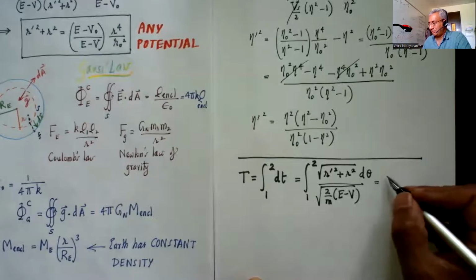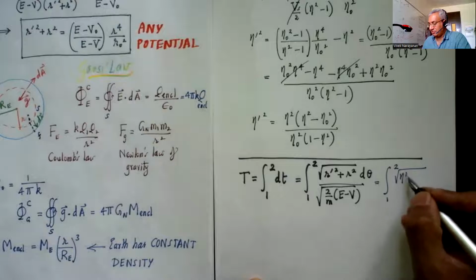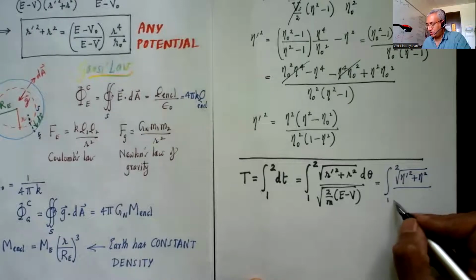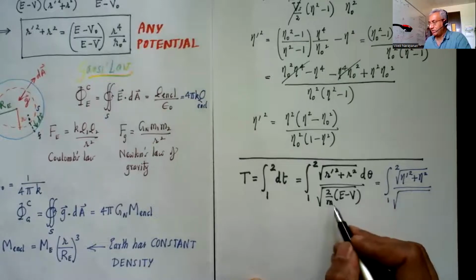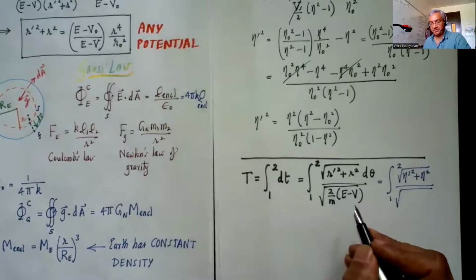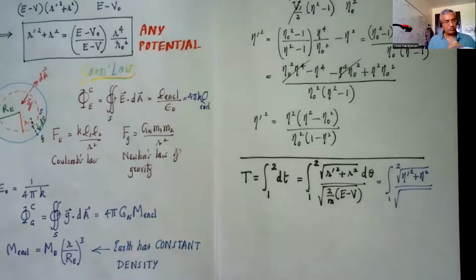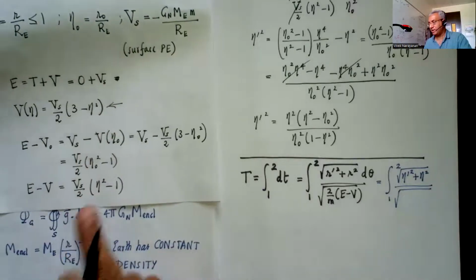All right, so divide by the radius of the Earth, numerator and denominator. So I'm going to get the integral from 1 to 2 of the square root of eta prime squared plus eta squared, over the square root of 2 over m times e minus v. Well, e minus v was here, v sub s over 2 times eta squared minus 1.